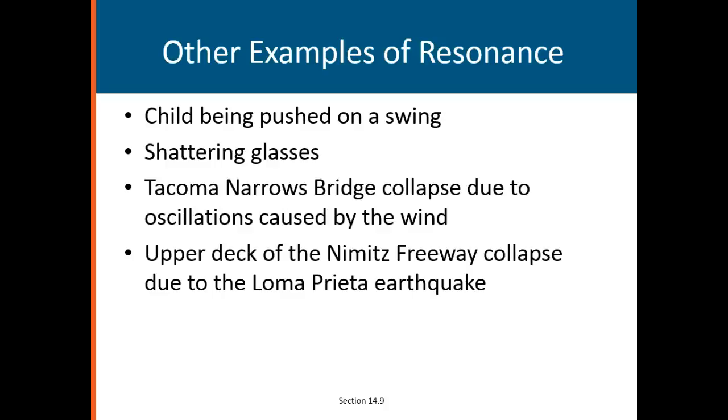Now, it's not just the child being pushed. I bet some of you may have done this with a car before. I know I have. When a car is broken down and you need to get it out of the way, you can stand there and push to your heart's content. You're probably not going to move the car, no matter how hard you push.